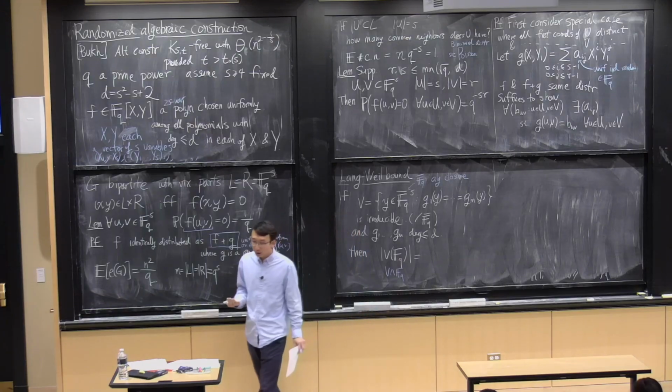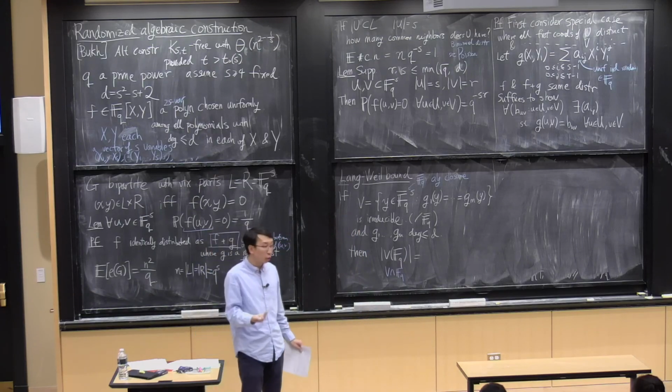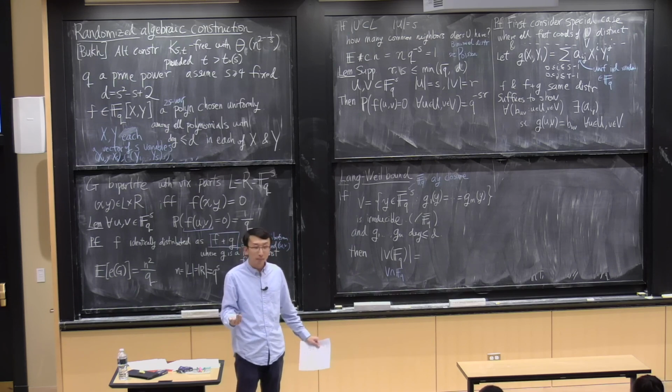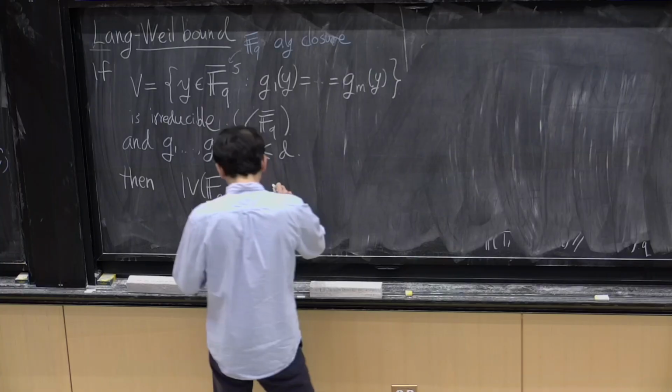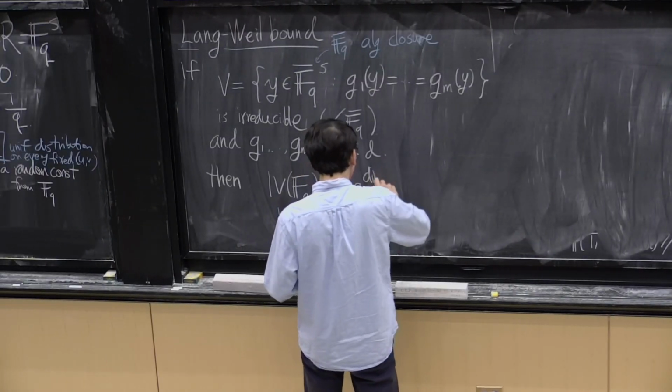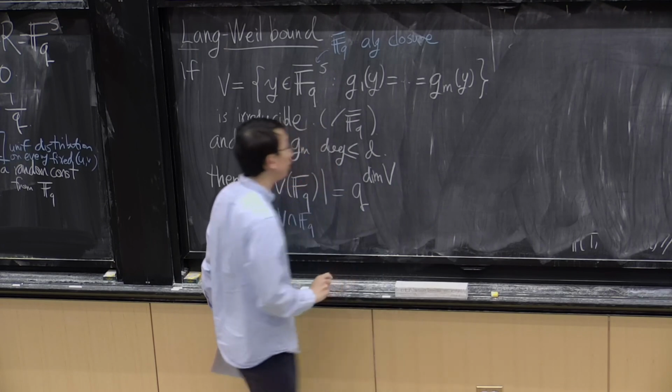Okay, so how many points do you expect? Well, the simplest example of an algebraic variety is that of a subspace. If you have a d-dimensional subspace over F_q, you have q to the d points exactly. Okay, so you expect something like q raised to the dimension of the variety.